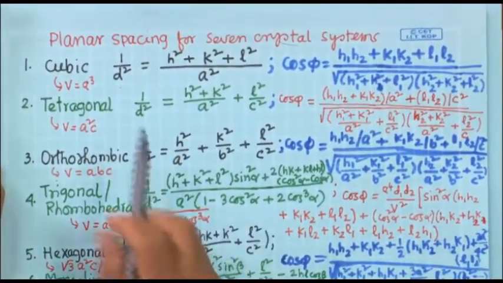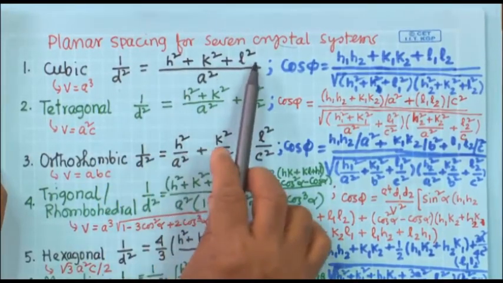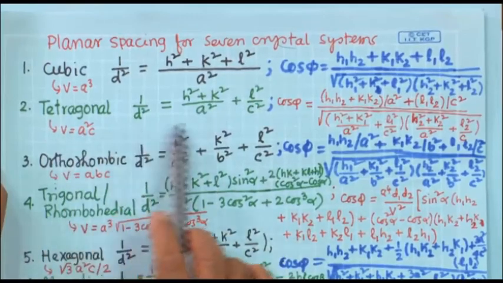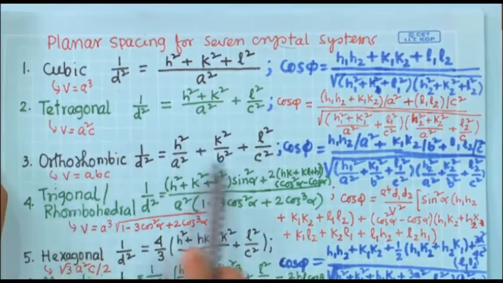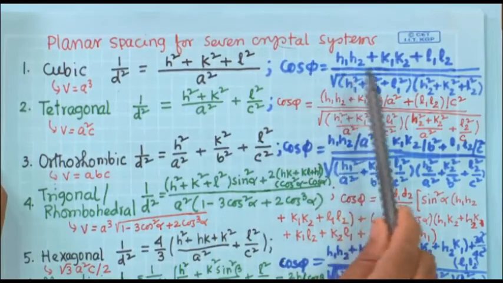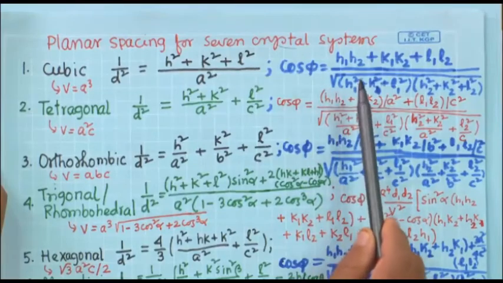For cubic structures, 1 by d square equals h square plus k square plus l square by a square. For tetragonal, what is the relation? For orthorhombic, what is the relation? What is the angle between these two planes h1 k1 l1, h2 k2 l2?